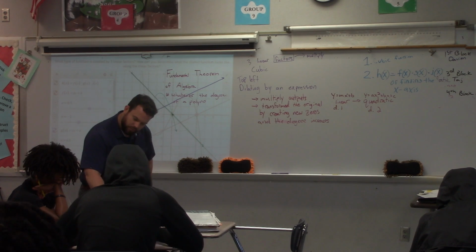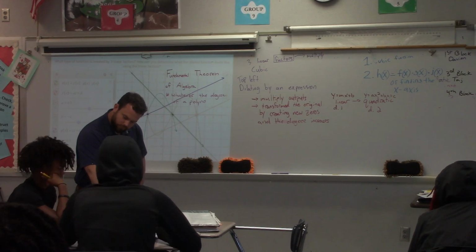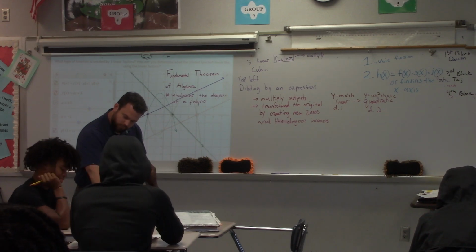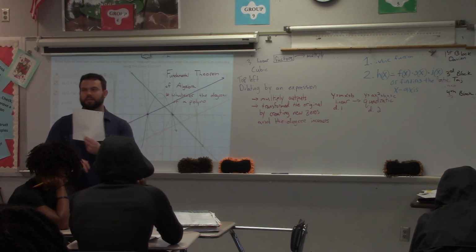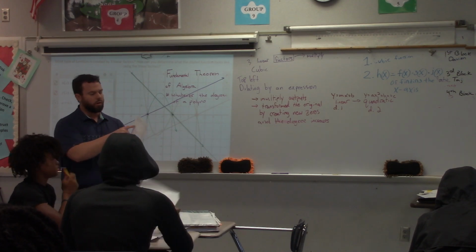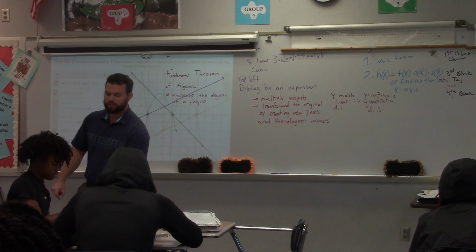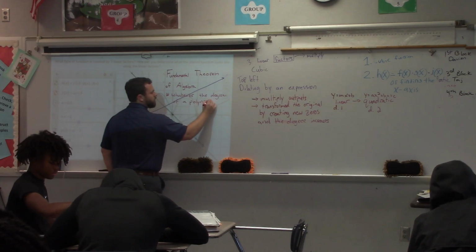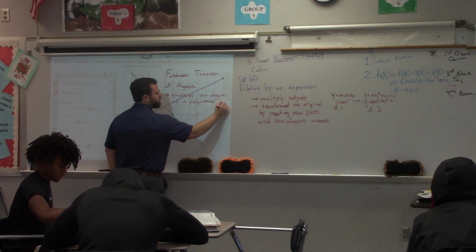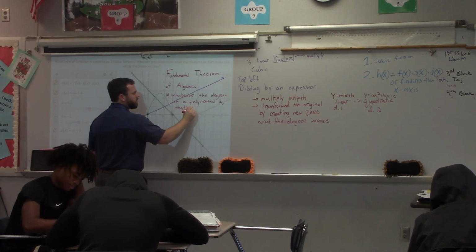Either the back side is completely blank, so you can make notes there, or I would probably put it in the bottom half of dilating a function by an expression, because we are going to build on this.